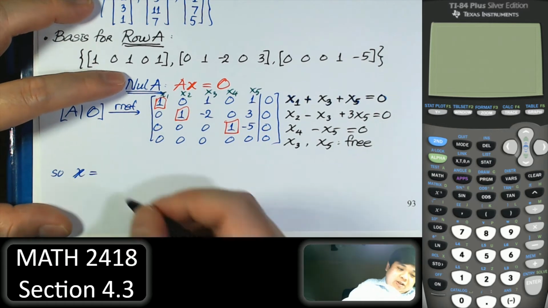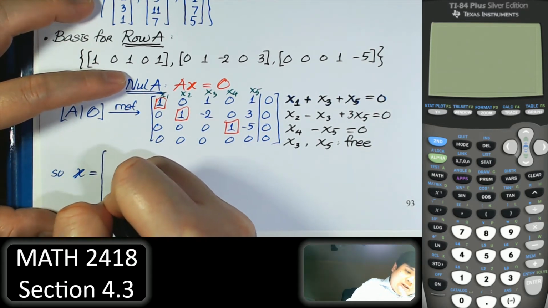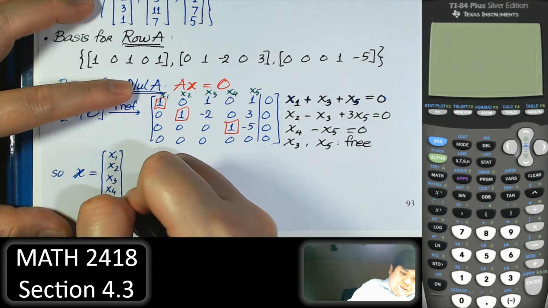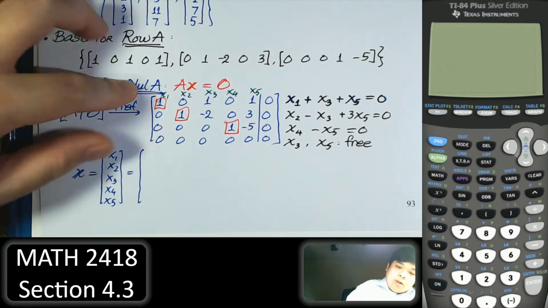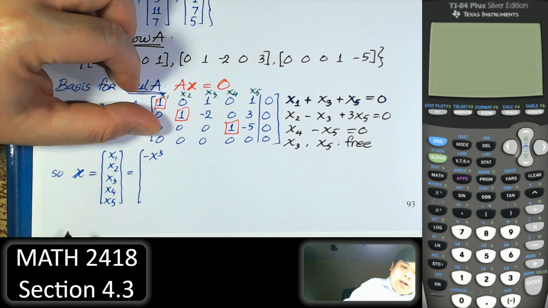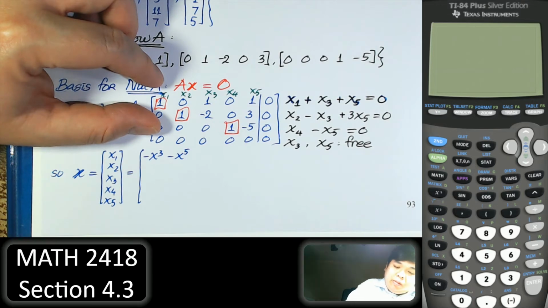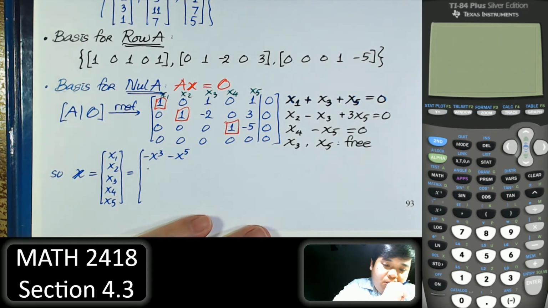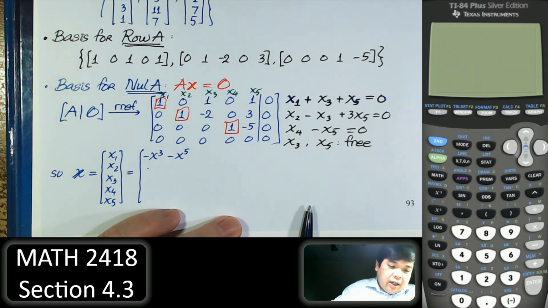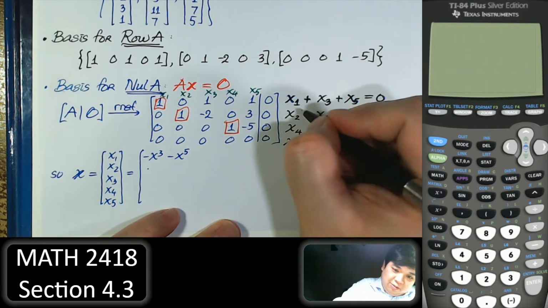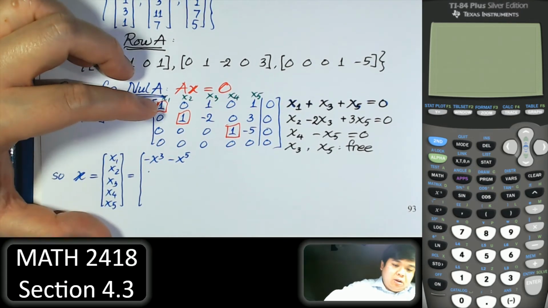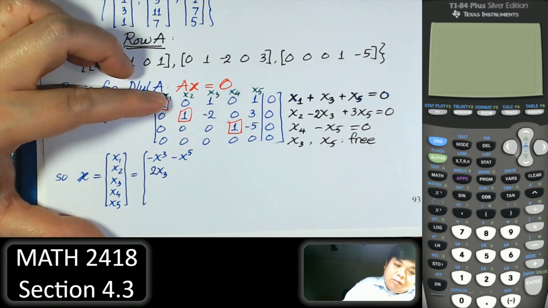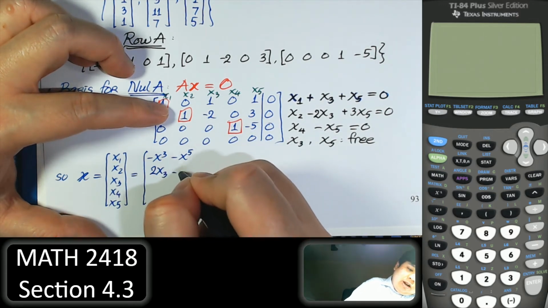x1 is negative x3 negative x5. x2 will be 2x3 minus 3x5. Oh, I forgot the 2 here.